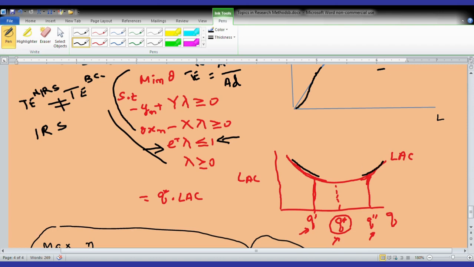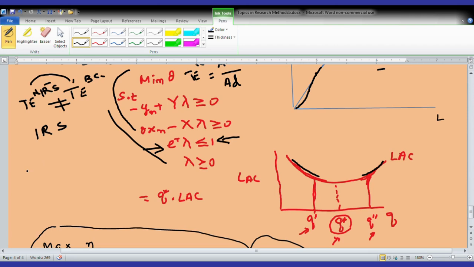Sorry, if they are unequal, then the firm is operating in increasing returns to scale, and if they are equal, then the firm is operating in the range of decreasing returns to scale.